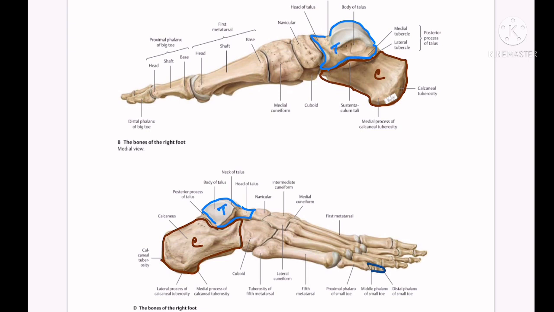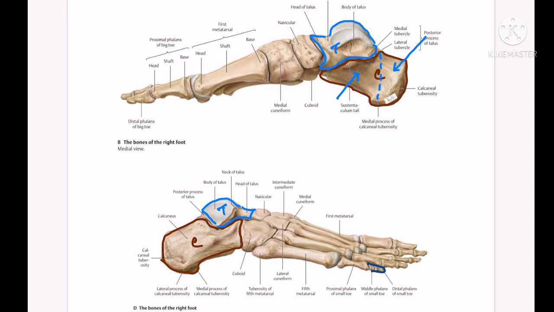Talus. Now these two diagrams reveal that a part of calcaneus is sitting underneath the talus, this portion, and a part of calcaneus is extending beyond the talus. So in descriptive terms, we can write that calcaneus is situated below the talus and also extends behind the talus.